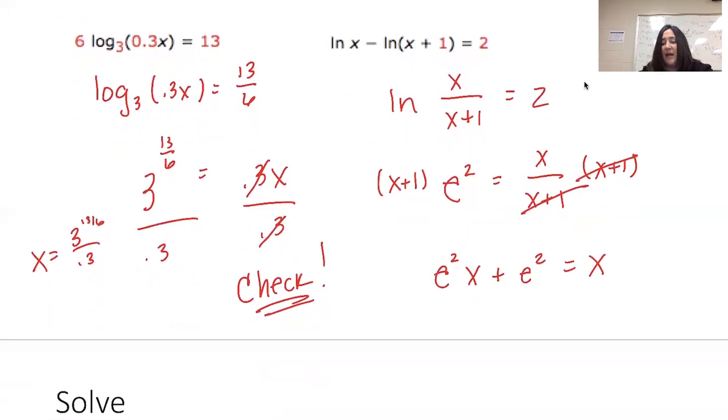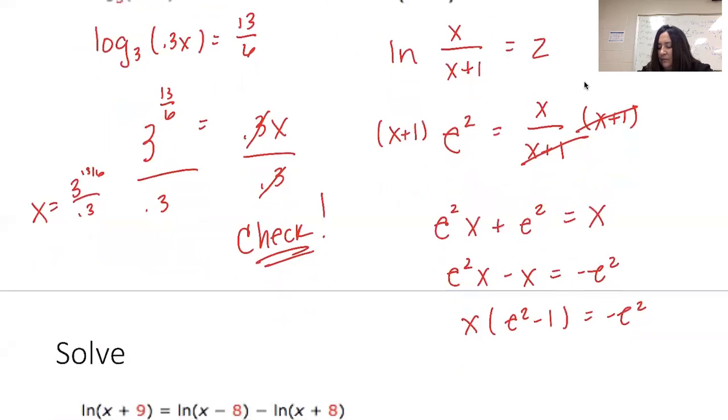Again, move everything with the x on one side. So we'd have e squared x minus x equals a negative e squared. Factor out that x. So we'd have x times e squared minus 1 equals negative e squared.